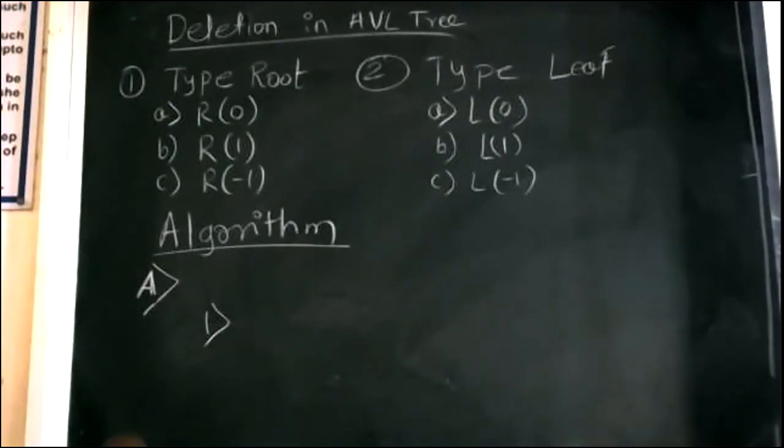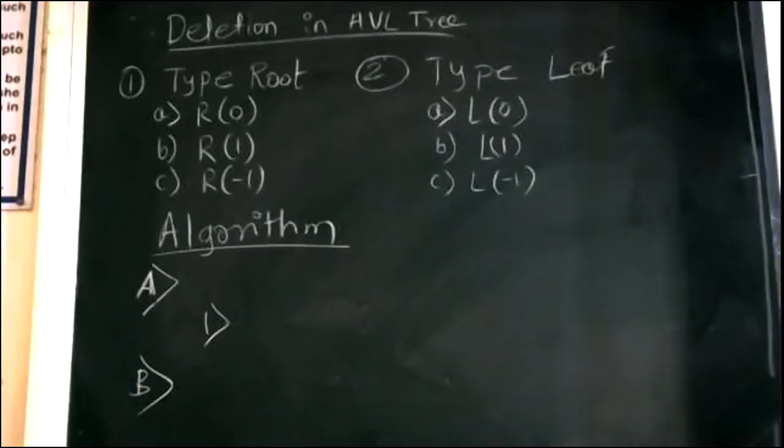Now point B in the algorithm: calculate balance factor. After removing the child, we need to calculate the balance factor, right? So write down step B: calculate the balance factor again.